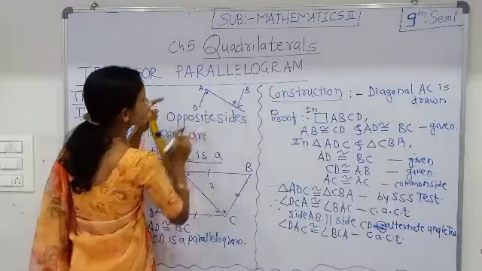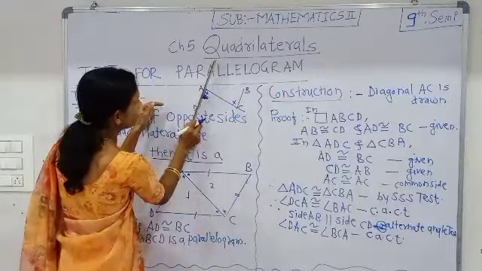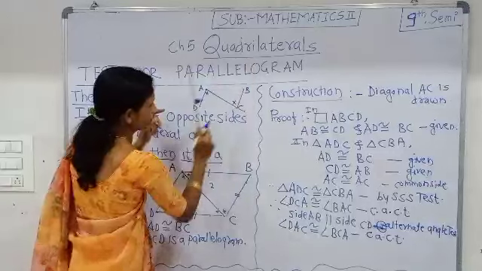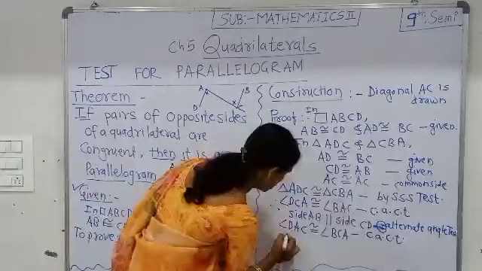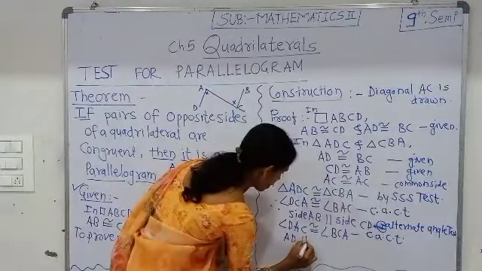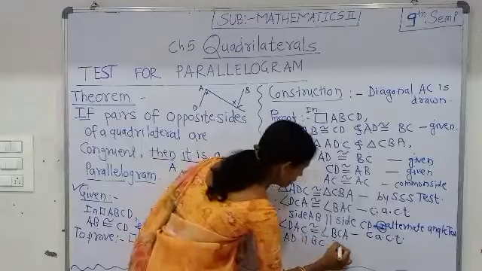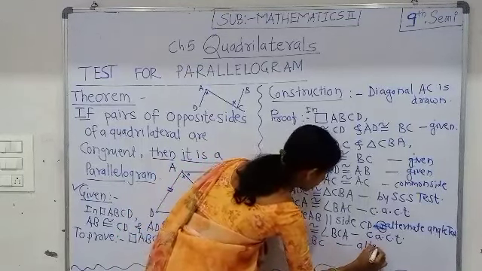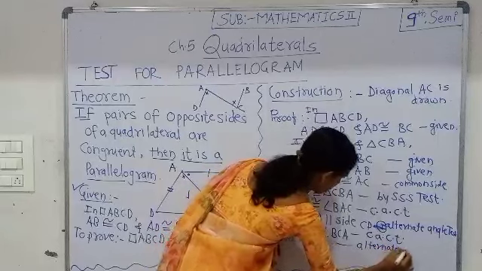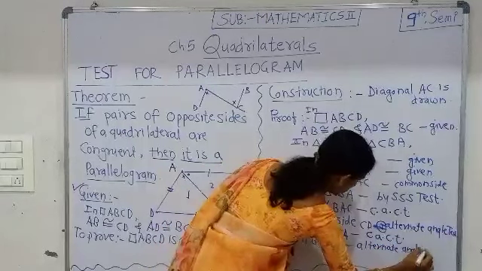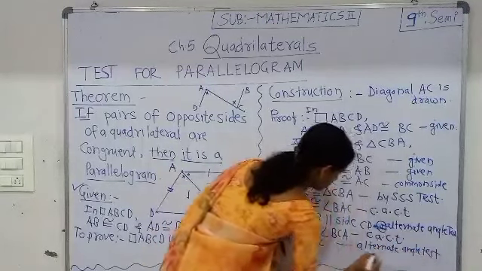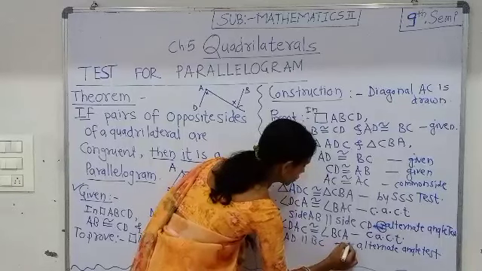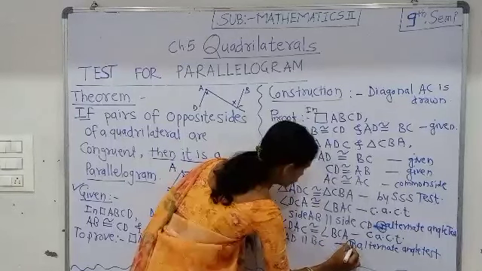As those two angles are congruent, therefore AD is parallel to BC, because of the alternate angle test. Therefore, we consider this as equation number 2.